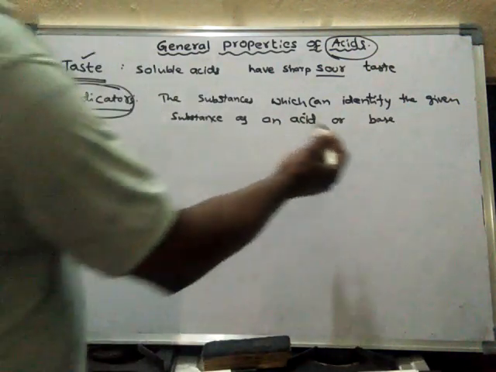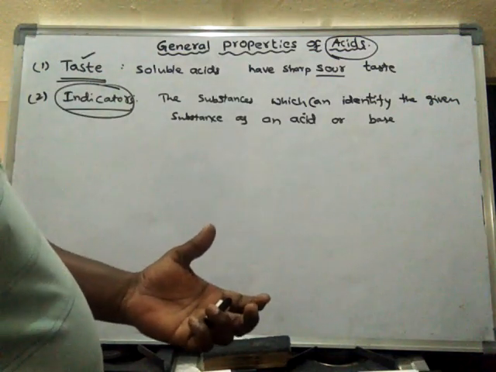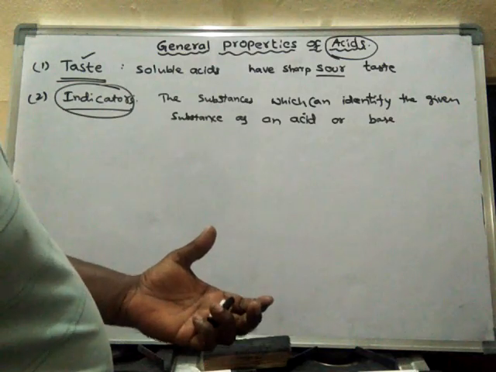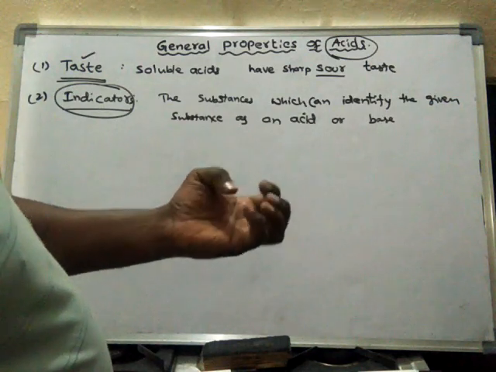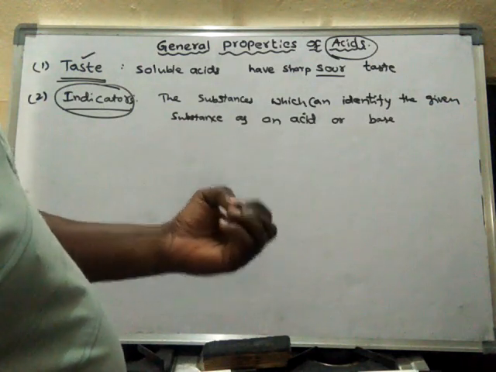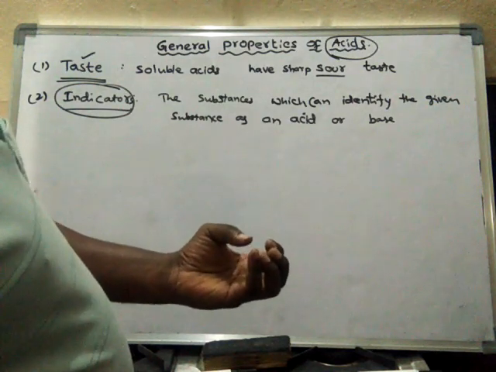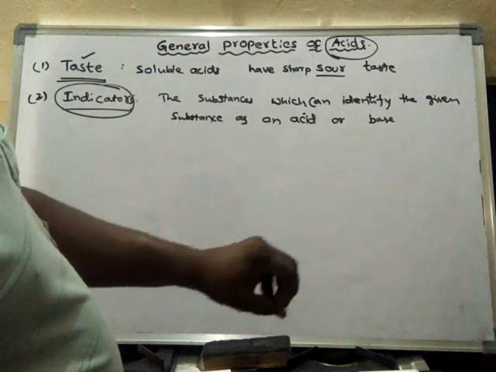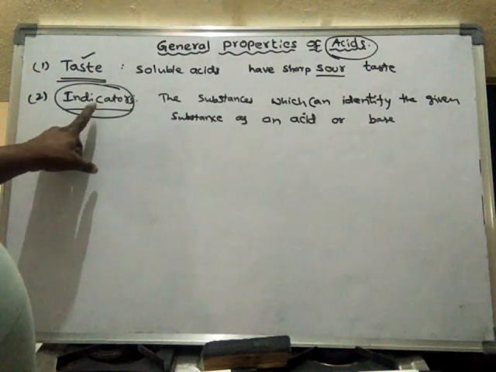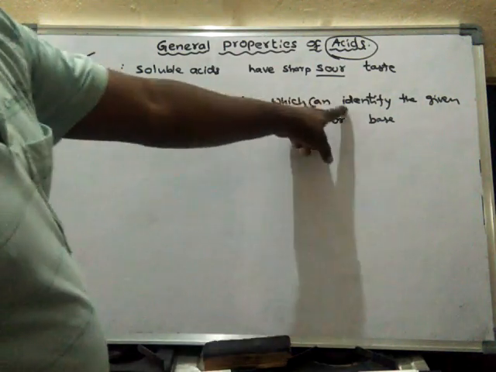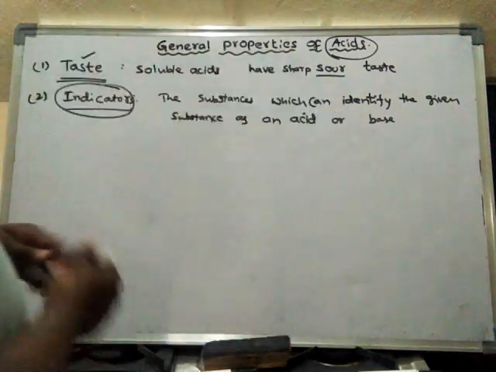Suppose a substance is given to us, and we are asked to find out what it is. Is it an acid, a base, or a neutral substance? To know this, we take the help of indicators. Indicators are the substances which identify the given substance as an acid or a base.